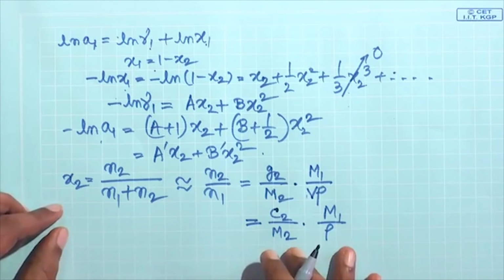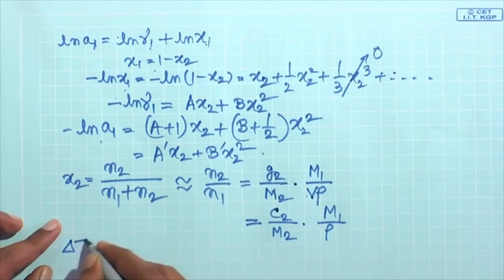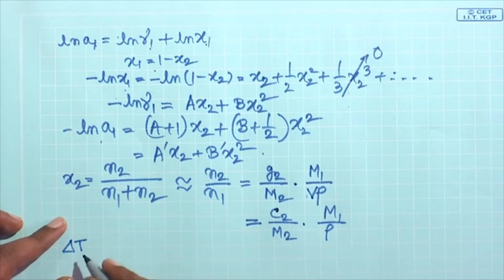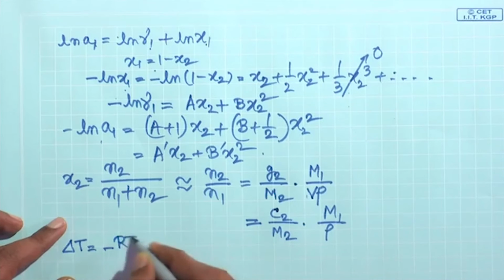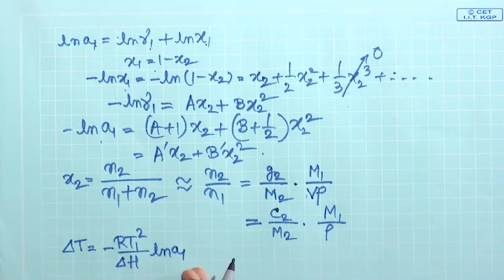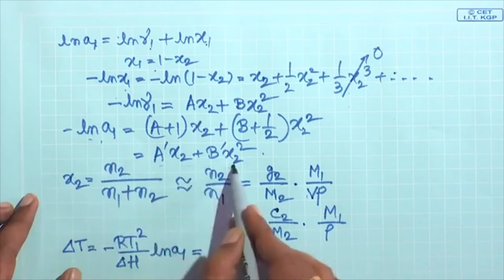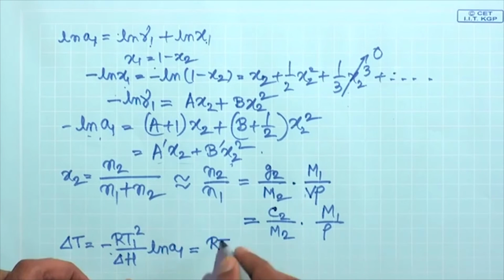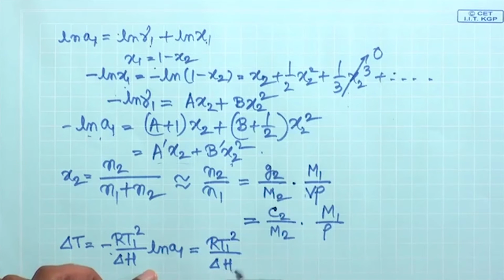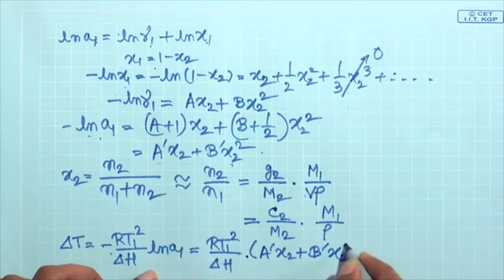So, this is what we have come to. Now, let us go back to our original expression of delta T. So, this delta T was equal to minus RT1 square divided by delta H into ln A1. This is the expression that we had. So, this minus ln A1 is this expression. If you replace that, RT1 square divided by delta H into minus ln A1, that is your A prime x2 plus B prime x2 square.